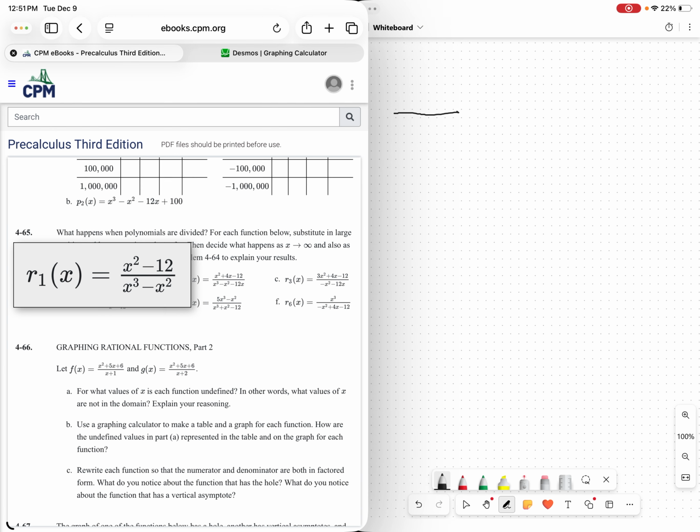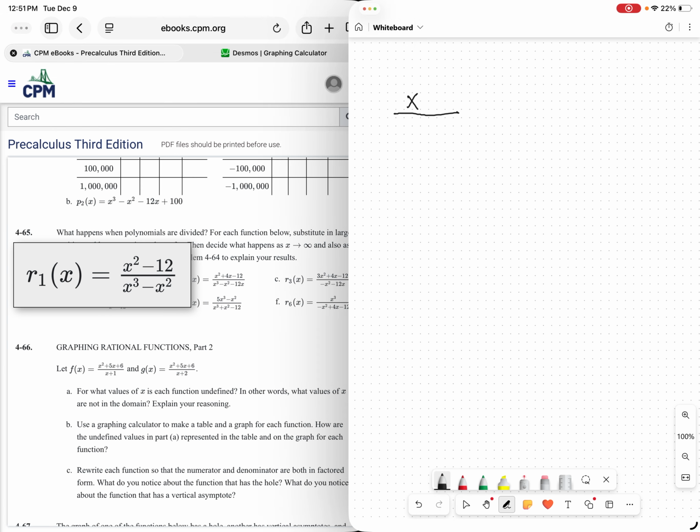So when we're concerned with end behavior, we're concerned with the largest exponent over the largest exponent. Well, when you plug in 100, right, you're going to get this. And then down here, you're going to get a massive number, right? Just a really, really big number.